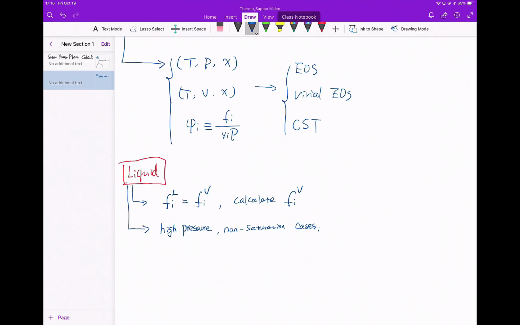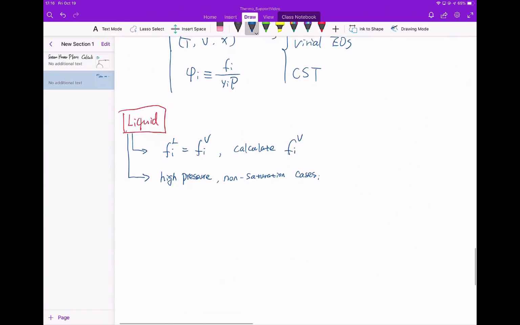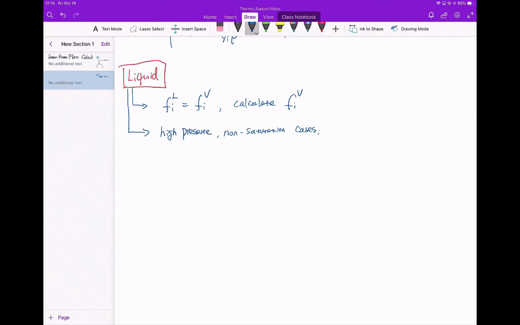So there we have to think about the pressure effect, and what the pressure increase will result in, the fugacity change to the liquid phase.